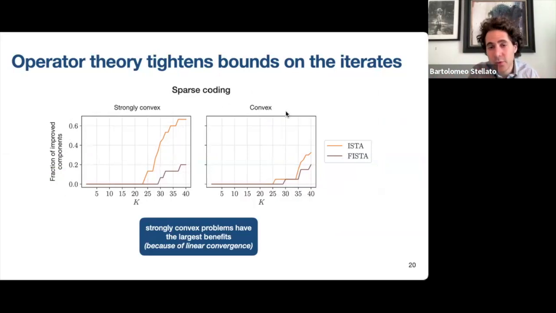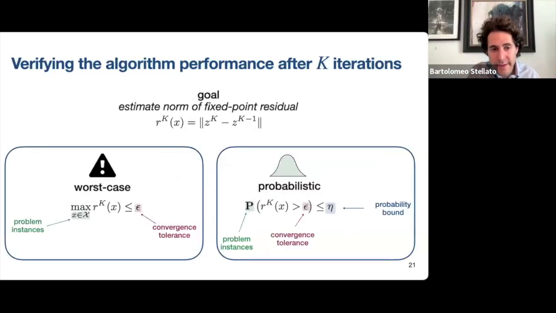For convex problems, we do not have linear convergence, so the operator theory will help us less, but it is still very efficient, and we're able to solve problems up to 40, 50 iterations, and you can still get some help in the last part of the iterations of this scheme. Okay, so this is the part about worst case analysis.